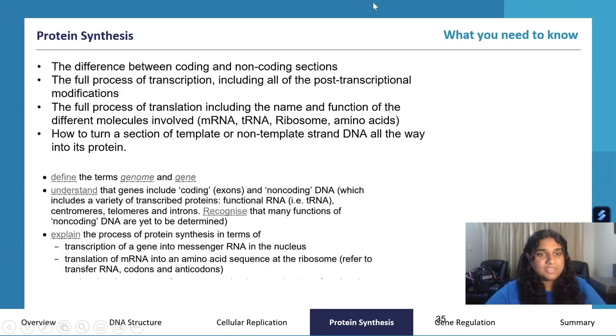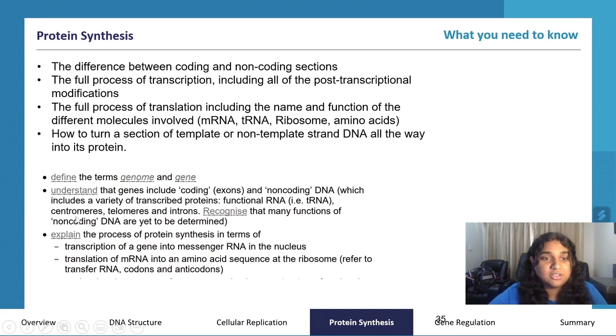In terms of what you would need to know, these are the syllabus dot points that I have transcribed over. So you need to know the definition of the terms gene and genome. You need to understand that genes include coding exons and non-coding DNA, which have some functions like centromere formation, telomere formation, and introns, as well as functional RNA like tRNA, mRNA, and rRNA, which is ribosomal RNA.